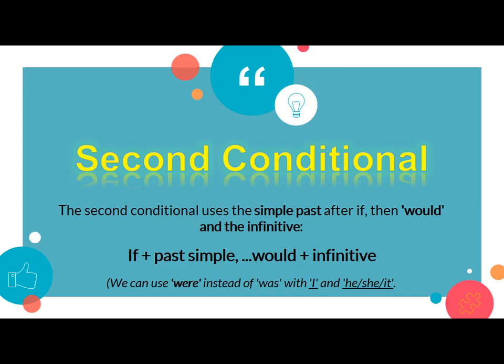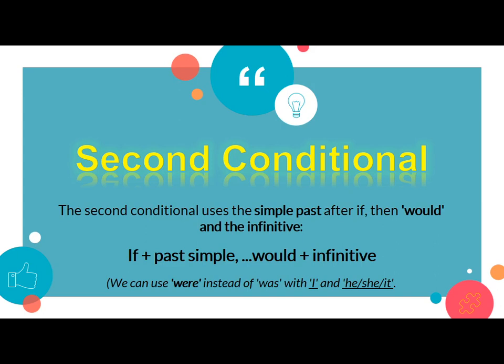And something important to mention, guys, is that every time that we use if, whenever we want to use the verb to be in the past, we're not going to use was, but instead, because we're talking about a condition, it's preferable to use were for all of the different personal pronouns.